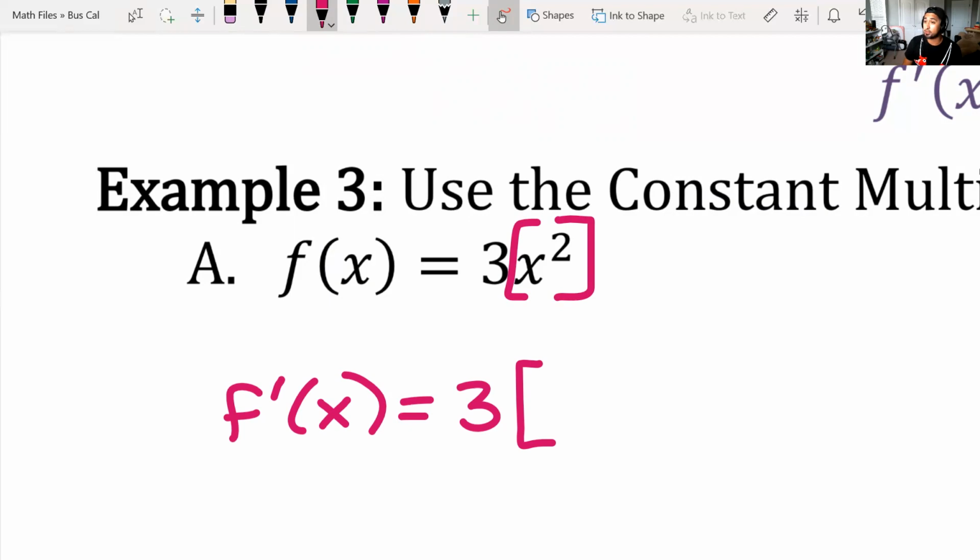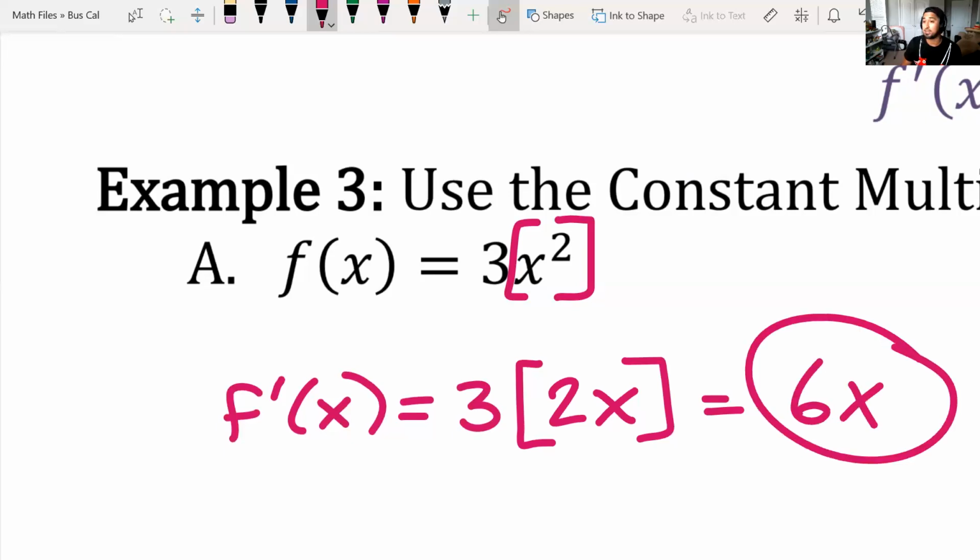And the derivative of x squared is just going to be 2x. And then multiply the 3 in, done. That's how the constant multiple rule works.